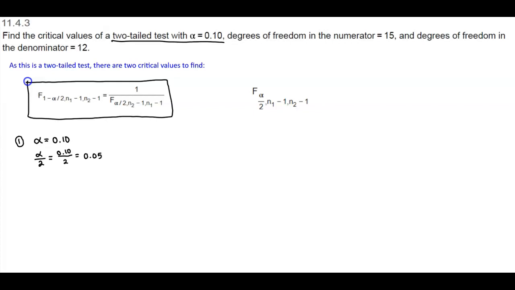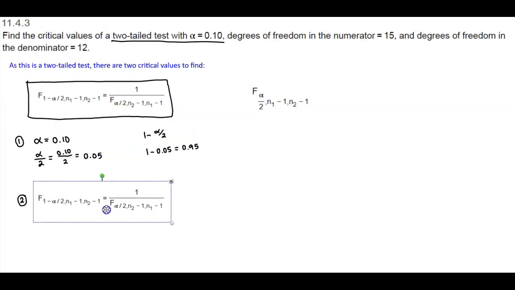And then we also need to find out what happens when we take 1 minus alpha divided by 2. So 1 minus 0.05 is equal to 0.95. What that does is allow us to find the following. I'm going to take this formula again, copy it here, and follow along.